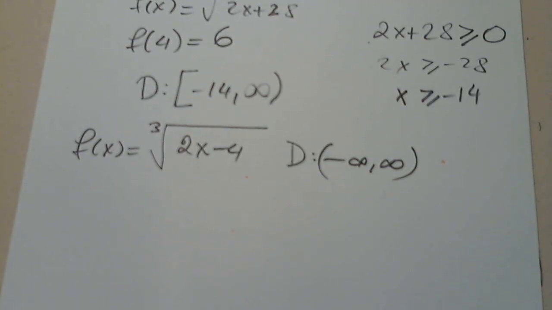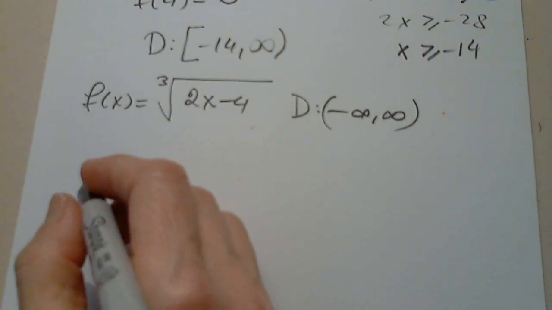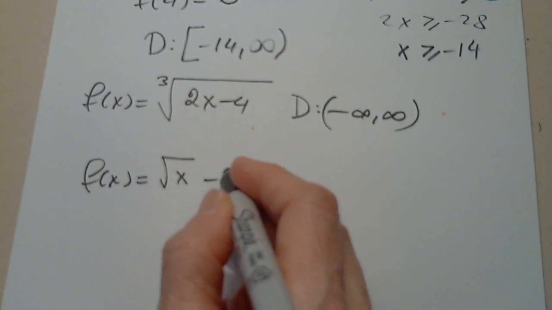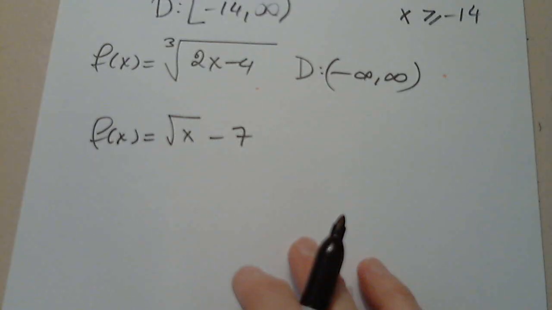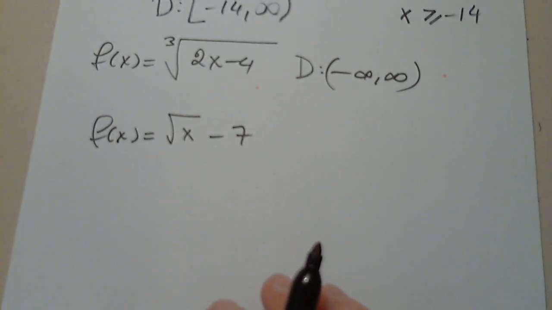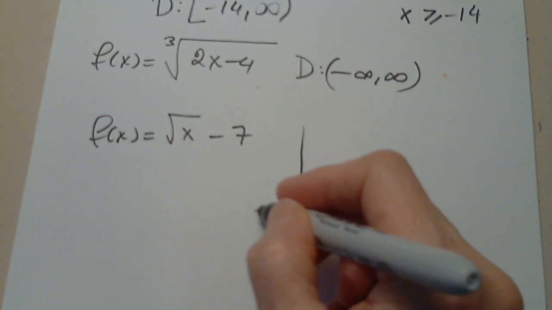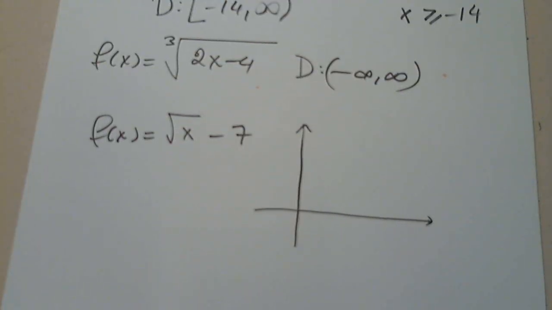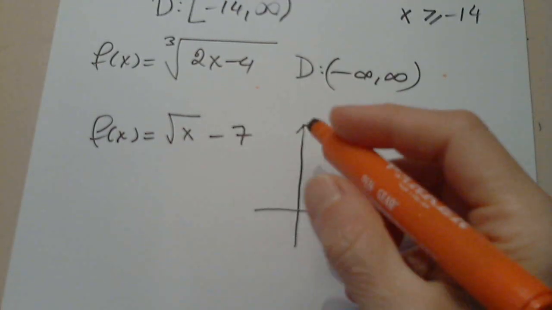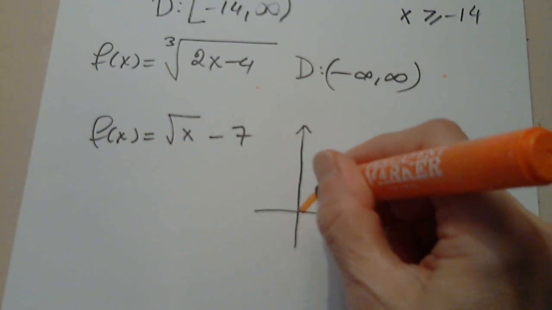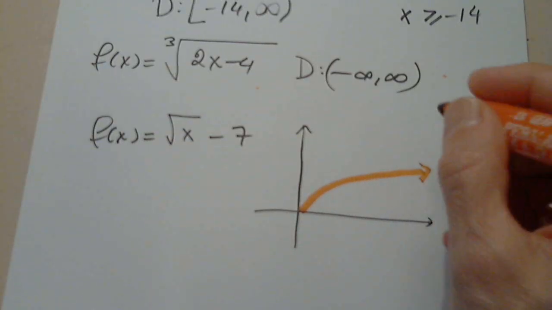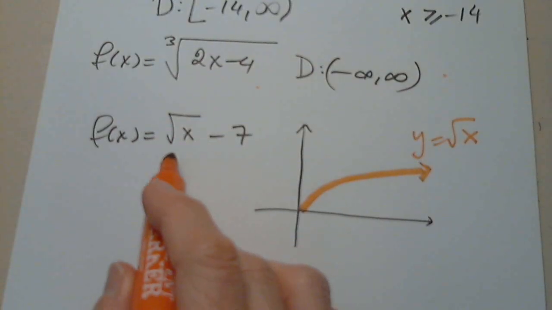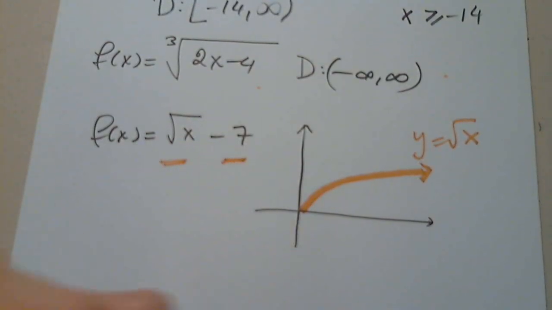Moving on. What if we're asked to graph, let's say, f of x equals the square root of x minus 7? So let's review the simplest possible square root function. The simplest possible is the square root of x. And you have to remember the graph. It's very important. And now we have the square root of x minus 7.